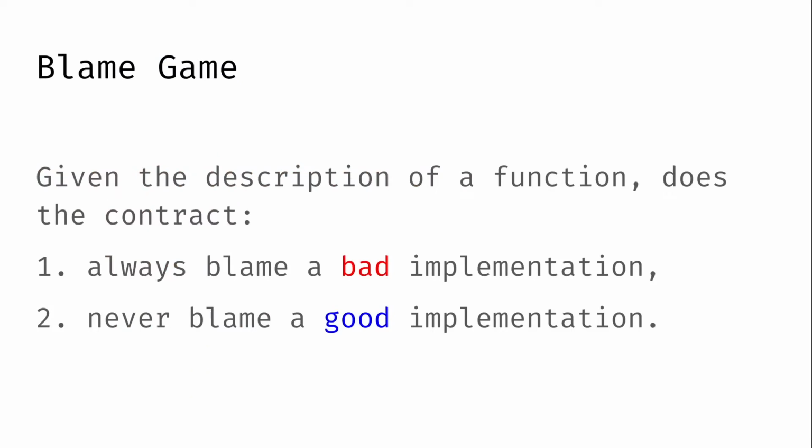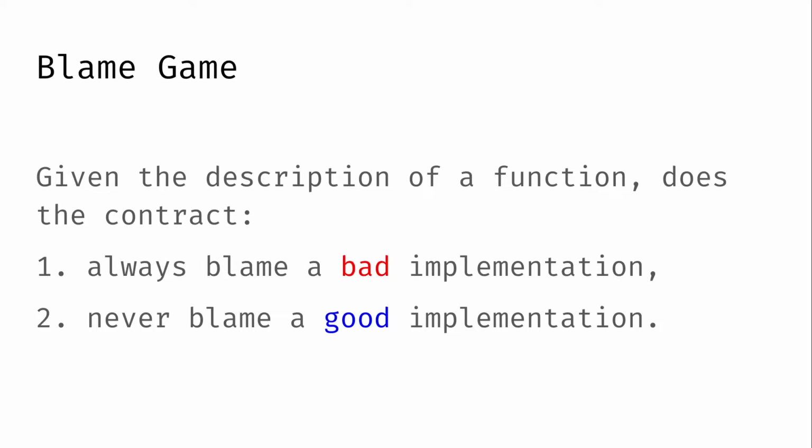Okay, so people generally know that. But I want to play a little bit of a game to hammer that point home. And actually, this may remind you of something we saw yesterday when we saw exemplar. This is always a game that you can play with your contracts to see if they're good enough. Given an English level description of a function, as well as a contract that you've written, is it a good enough contract?